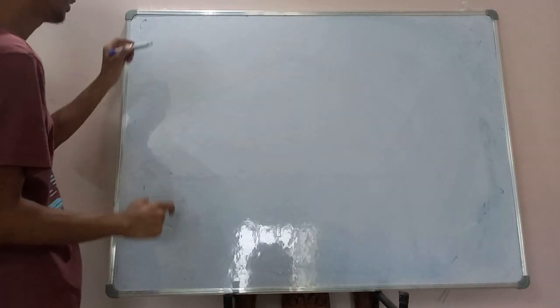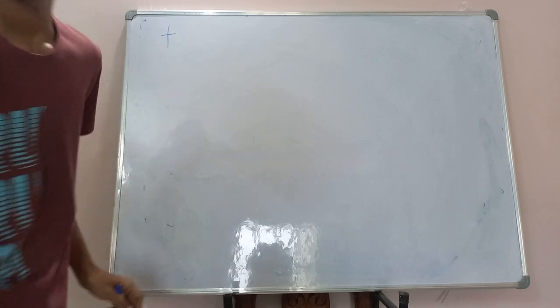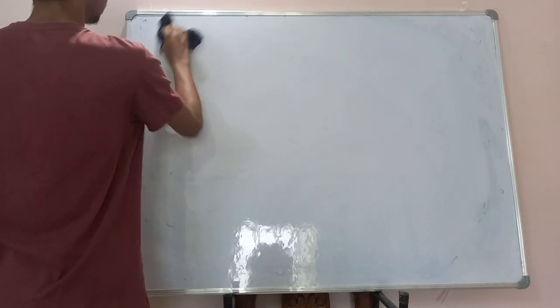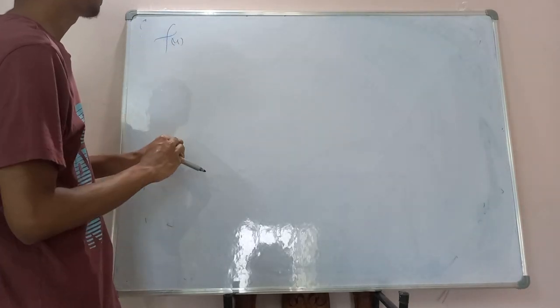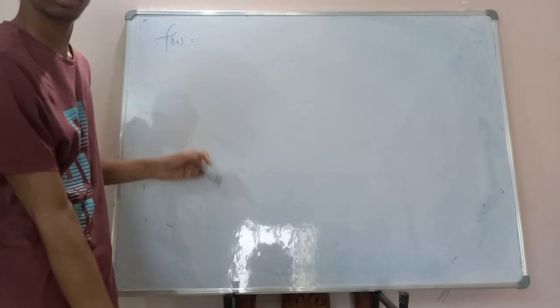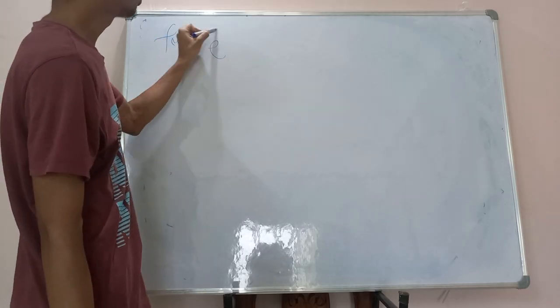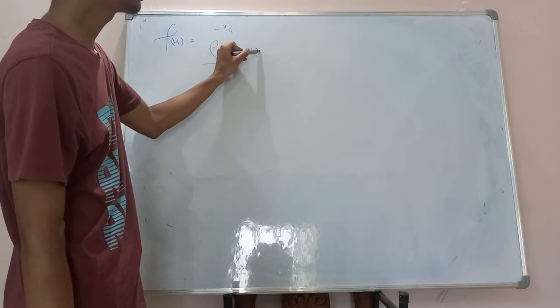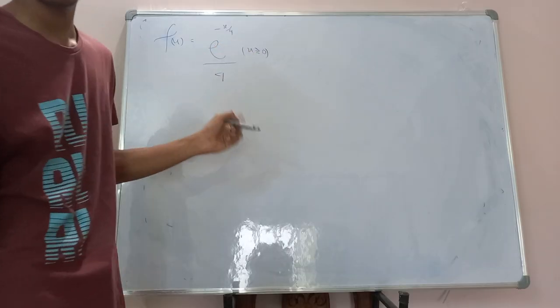So I have f(x) equal to e to the power minus x by 4, where x is greater than or equal to 0.